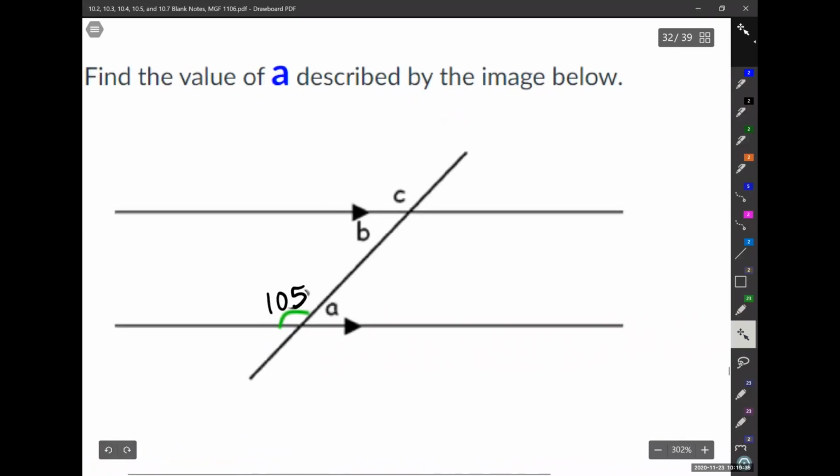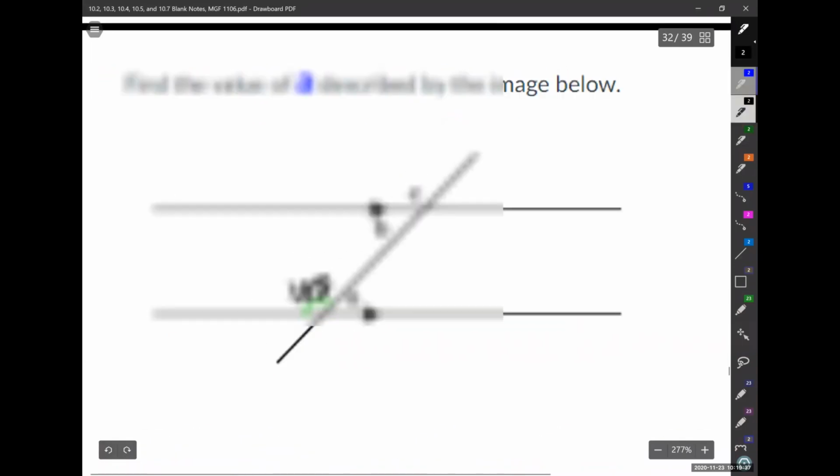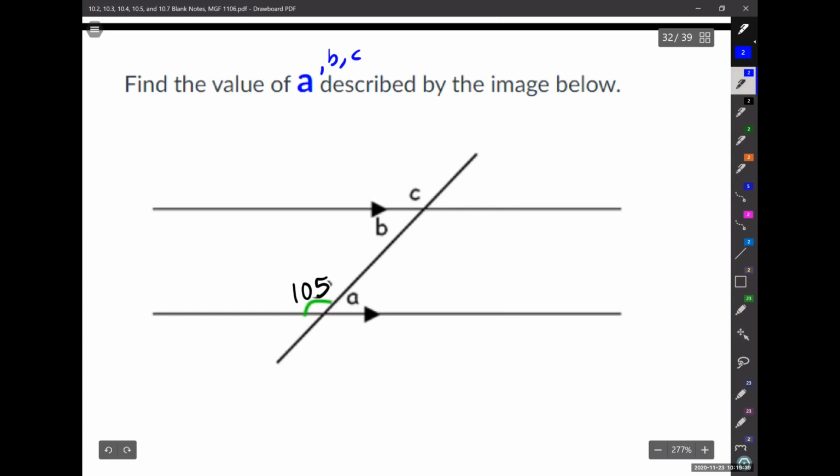Now here, let's change the problem to say, let's find A, B, and C. I'm going to give everybody a moment to attempt this on their own. Remember that A we can find similar to what we just did, but you will have to think about our knowledge about alternate interior angles and alternate exterior angles to find the remaining two values.